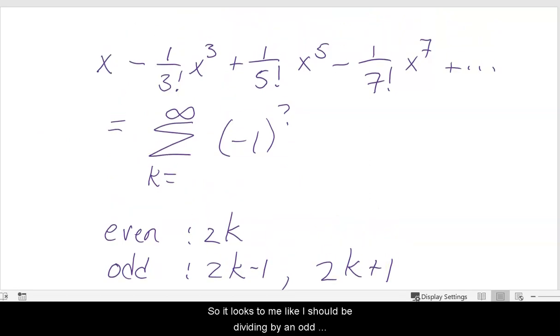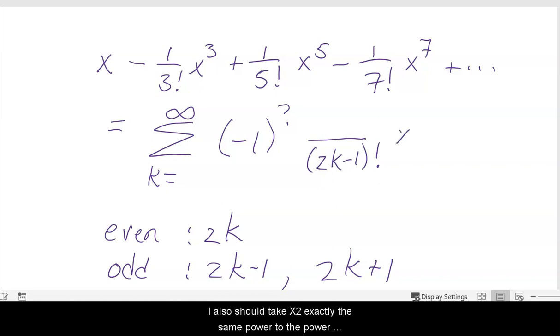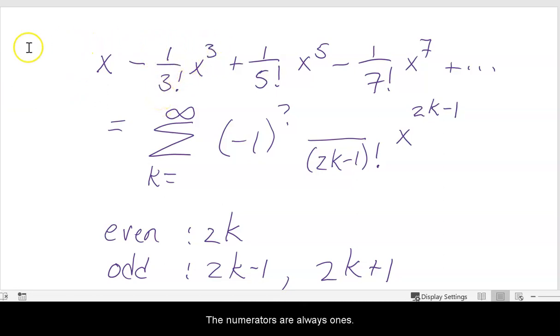So it looks to me like I should be dividing by an odd number, 2k minus 1, with a factorial on it. I also should take x to exactly the same power, so the power on x should also be 2k minus 1, since these powers match the factorial. The numerators are always 1s.